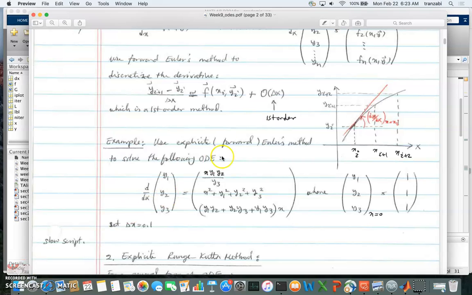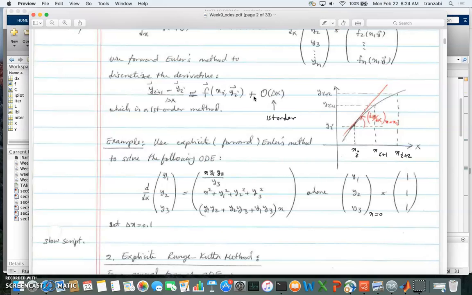So that means if I decrease my delta x by a factor of 10, my error in the solution in y is going to go down by a factor of 10. It's linear with respect to delta x. If I lower my delta x by a factor of 100, then my error in y value is going to go down by a factor of 100. So it's linear in x.